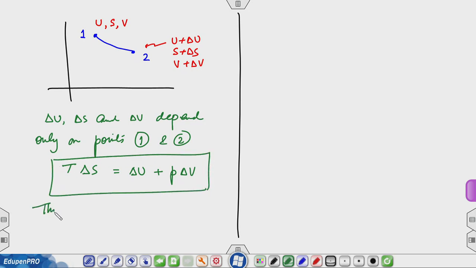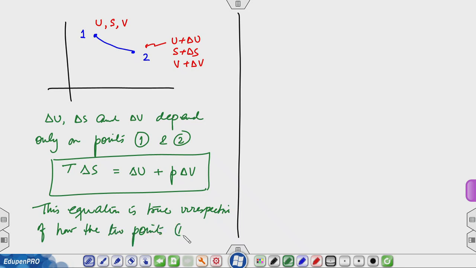This equation is true irrespective of how the 2 points 1 and 2 are connected. Why? Because delta S, delta U, and delta V depend only on points 1 and 2. So this is true irrespective of the process. It depends only on the endpoints.